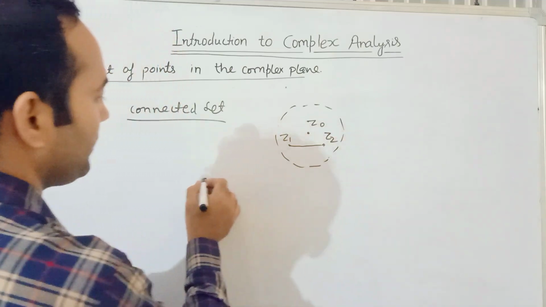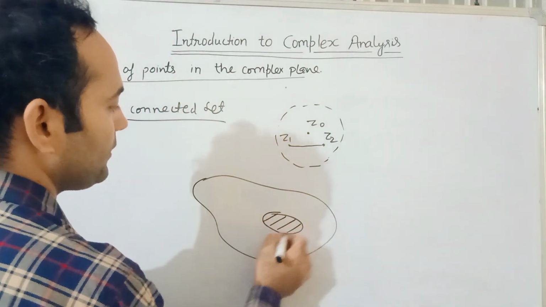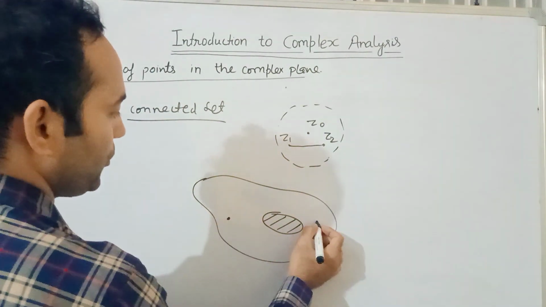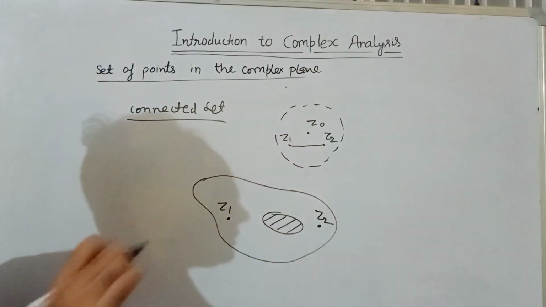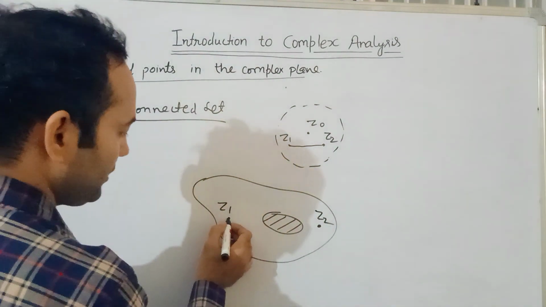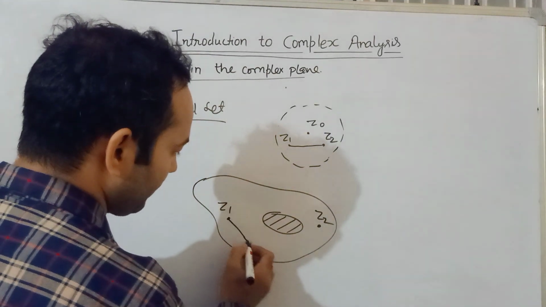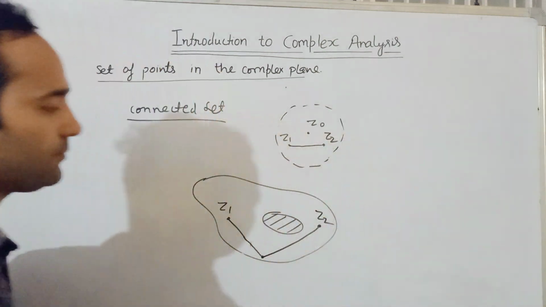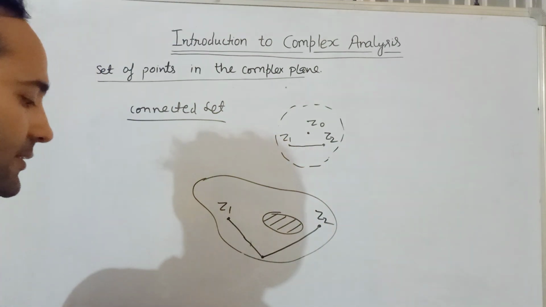Okay. So if I take this region, and here it is a cavity, you can say, then 1 point here, Z2. How will you join it? Can you join them directly? No. So you can join them through a polygonal line segment. Okay, so then this is a connected set.